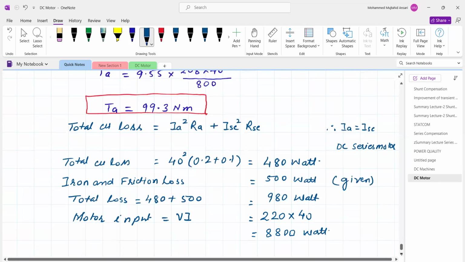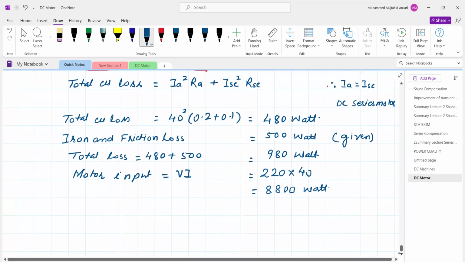So now the motor input we know, total losses we know. Therefore, motor output equals motor input minus total losses.